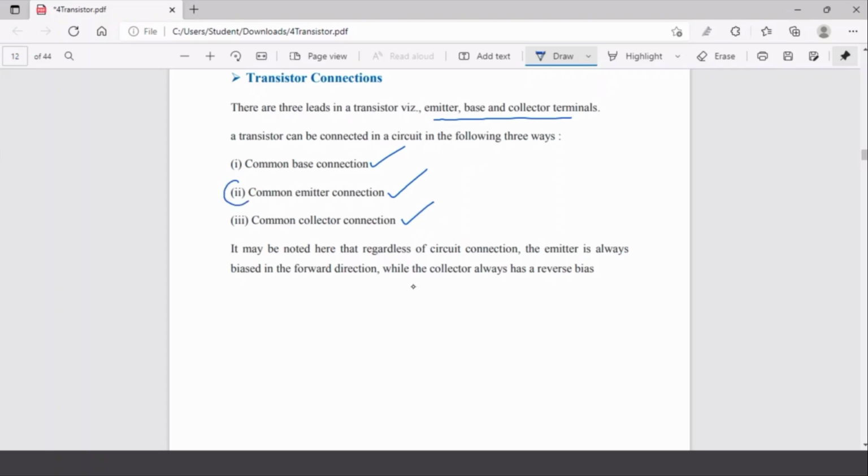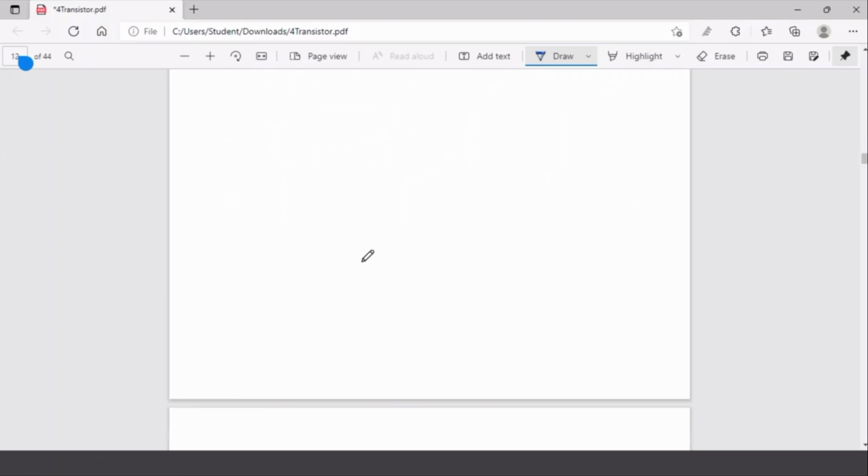Our aim is to study and implement the input and output characteristics for a common emitter configuration. One thing to be noted is that regardless of the circuit connection, the emitter is always in the forward bias condition, whereas the collector is always biased in the reverse bias condition. That is one point you should remember, whatever the type of connection you are using.